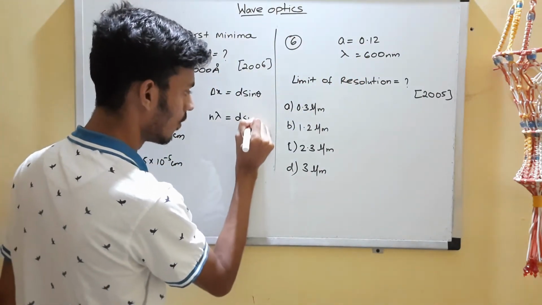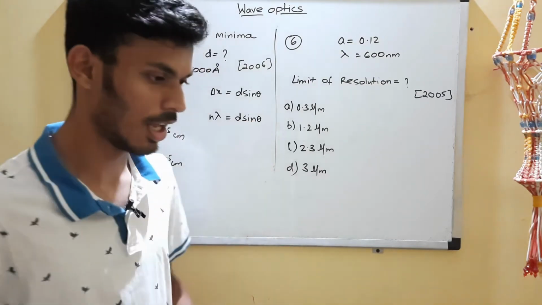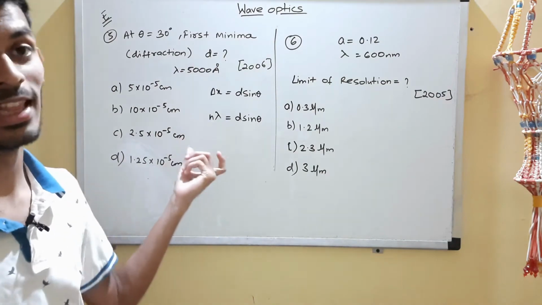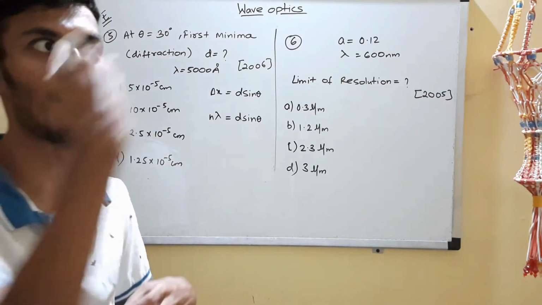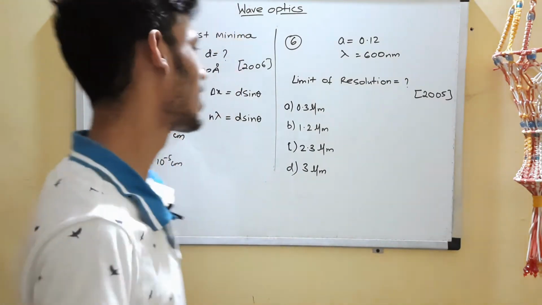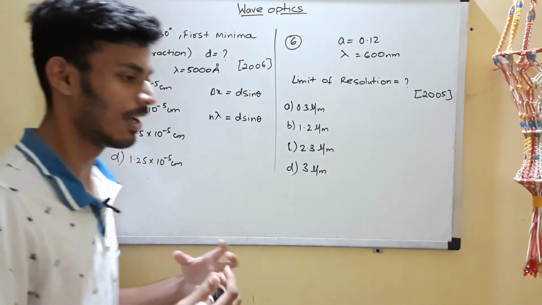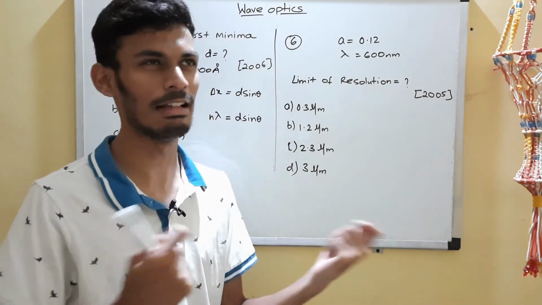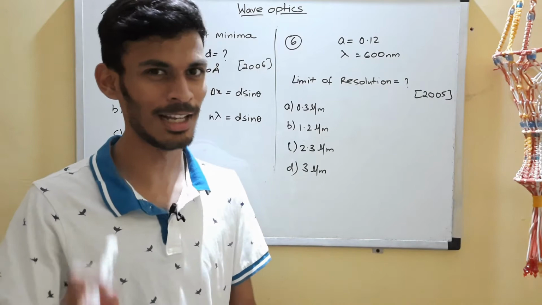Of course, it's opposite for your diffraction and interference. So for minima you'll have n lambda for diffraction, but for maxima in interference you'll have n lambda. I know it's a bit confusing, but you have to remember that your interference and diffraction are in a way opposite. Not completely, but in a way.